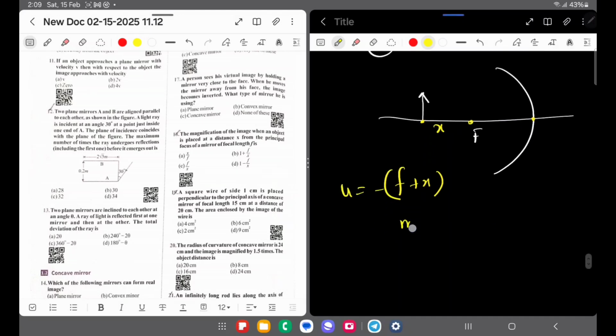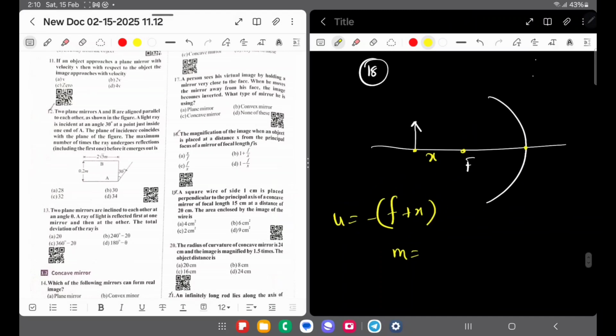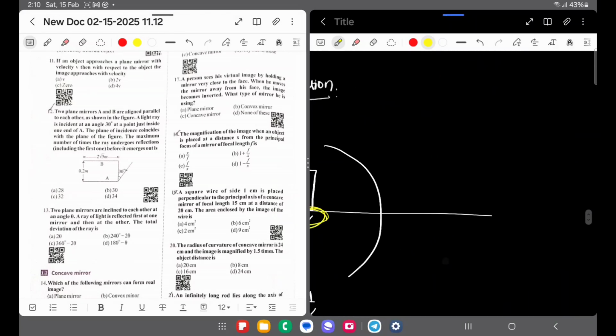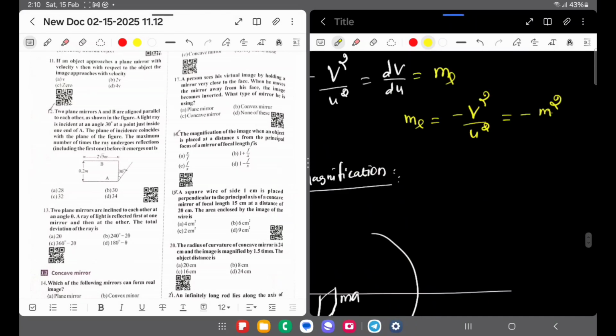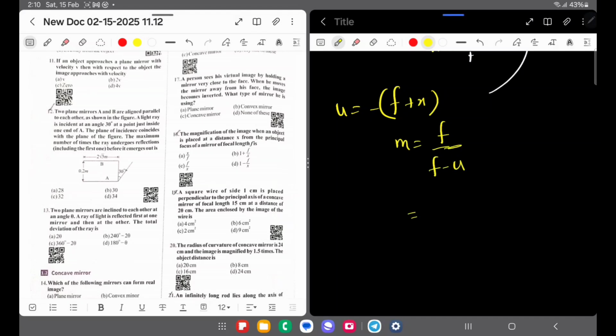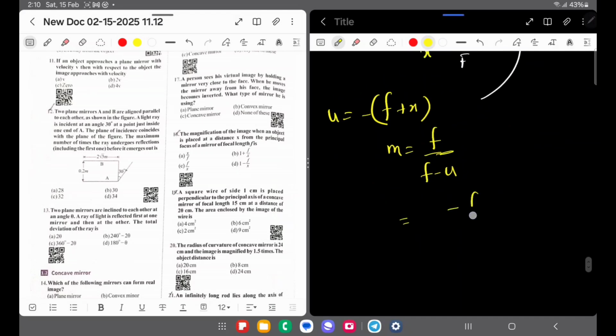So, we know the magnification formula. Magnification in terms of object distance can be written as m equal to f by f minus u. I have considered the concave mirror here, so the focal length of the concave mirror is minus f, and minus of u is plus f plus x.